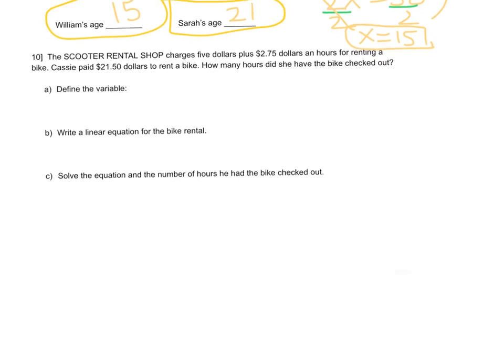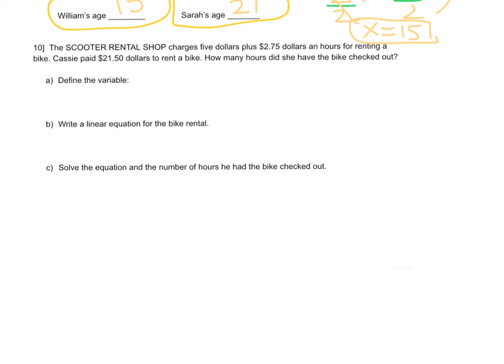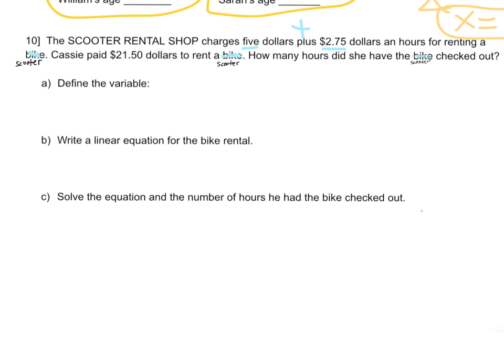Okay, let's move on to the scooter rental shop, and there's a little typo here that's probably not in your paper, but the scooter rental shop charges $5 plus $2.75 an hour for renting, this should say a scooter. And Cassie paid $21.50 to rent the scooter.